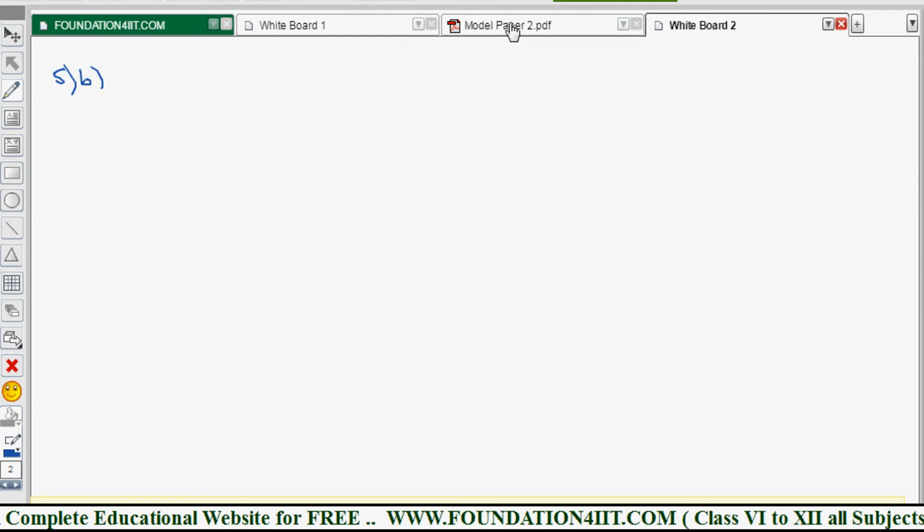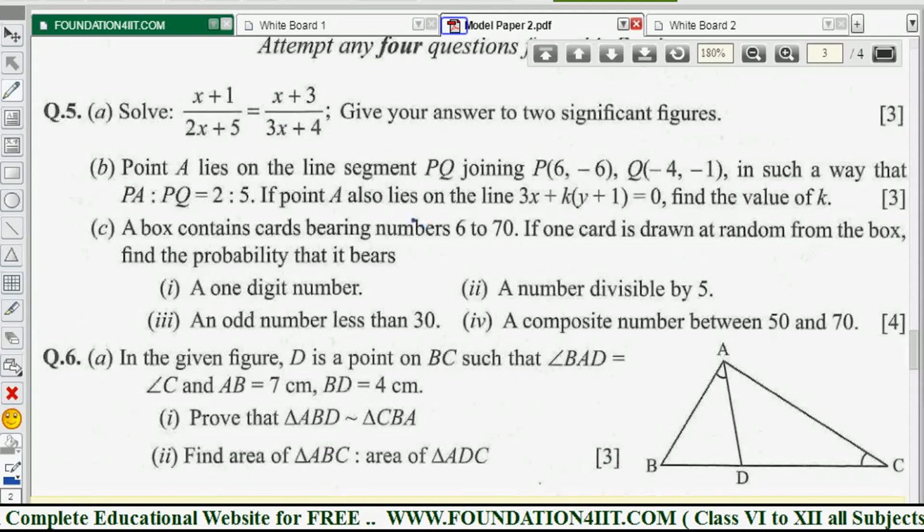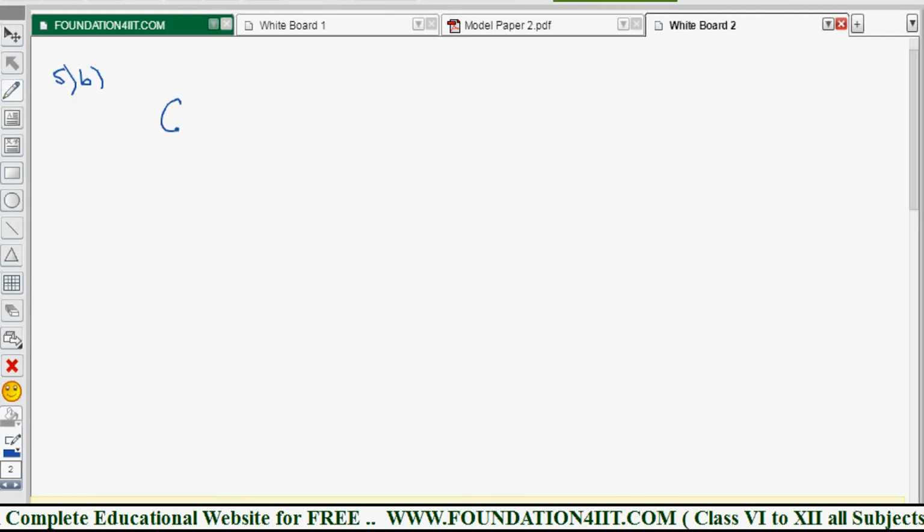So here the points are given: P(6, -6), Q(-4, -1), and the ratio PA is to PQ is 2 is to 5. So PA by PQ is equal to 2 by 5. Let's take the line.